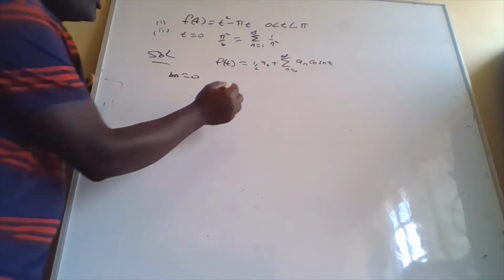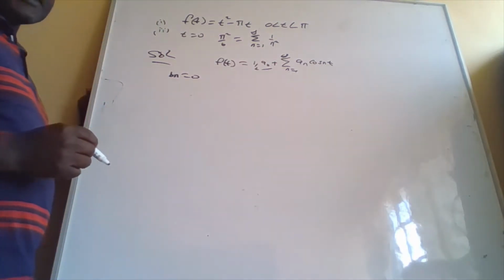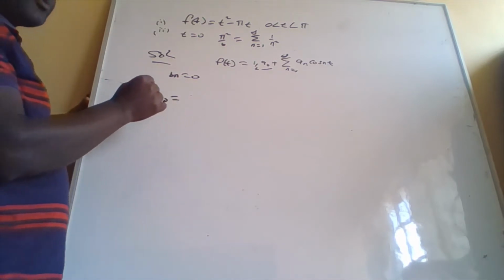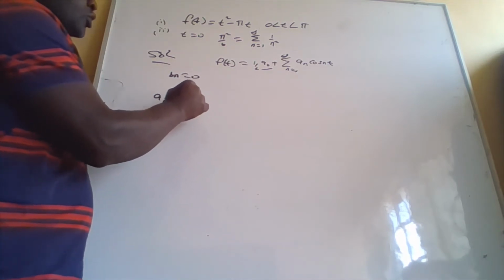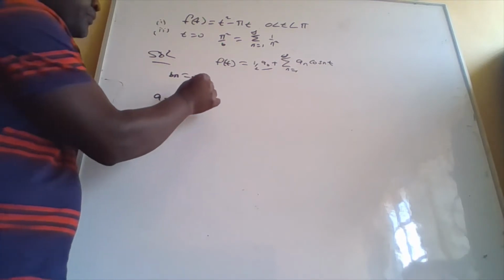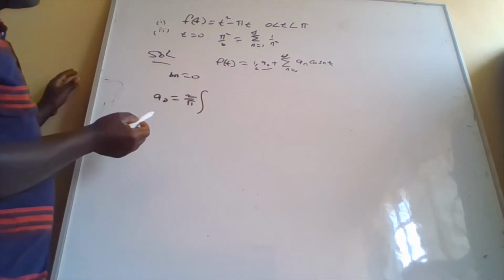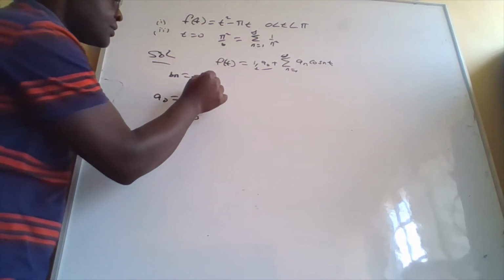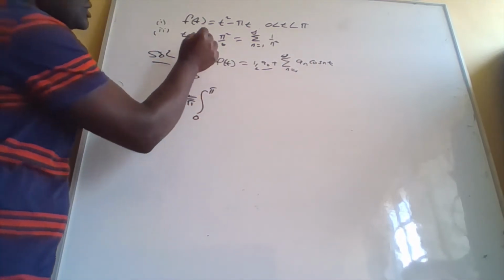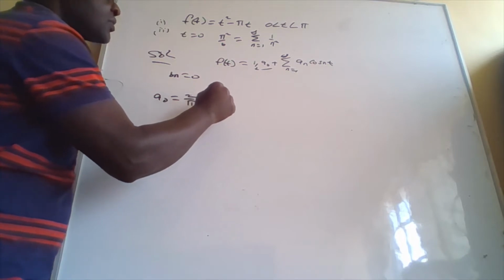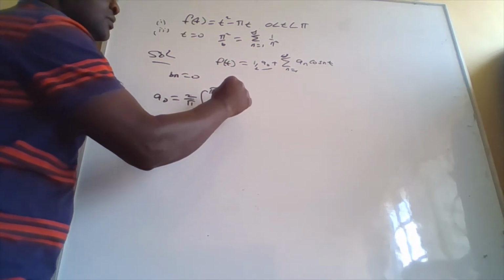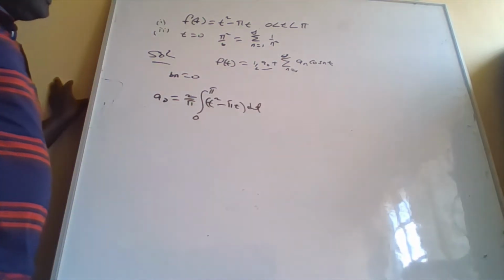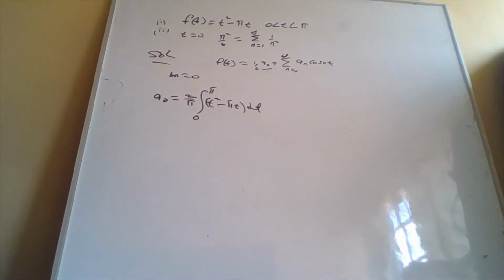Now we can start by getting a naught. a naught is given by 2 over pi, and we are integrating from 0 to pi. Our function is t squared minus pi t.